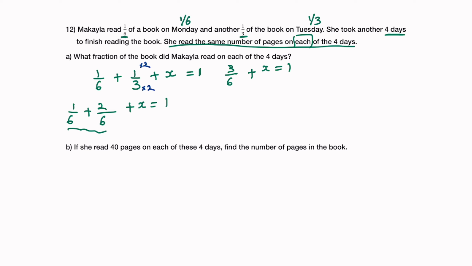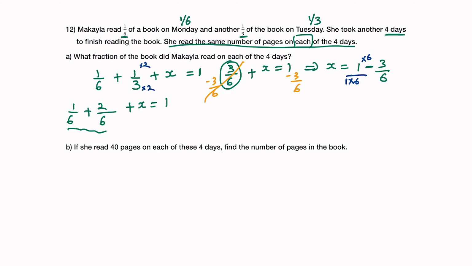How do we find x now? From this, x will be 1 minus, like this is plus, right? So we do minus 3/6. It's balancing, if you remember. So we do minus 3/6 and minus 3/6, right? So this cancels out. This is how we do it. And now we have to equalize the denominator. So this has to be 6 over here. So 1 times 6, and of course then you multiply here also, right?